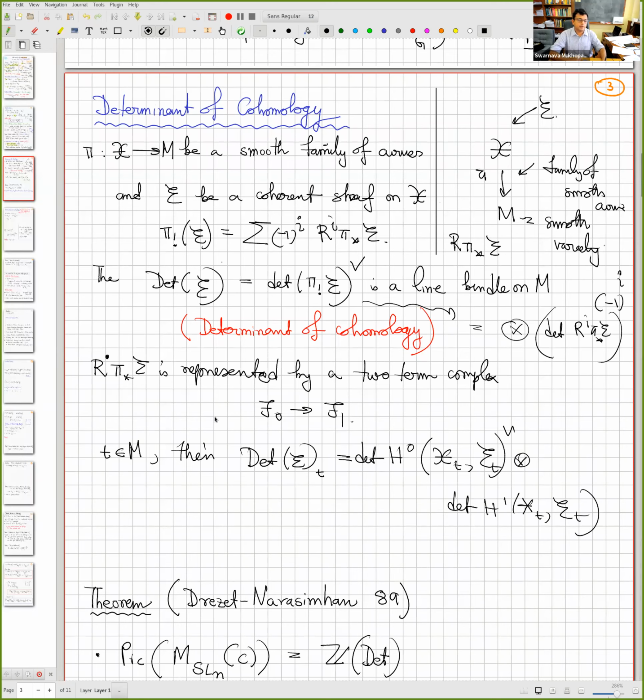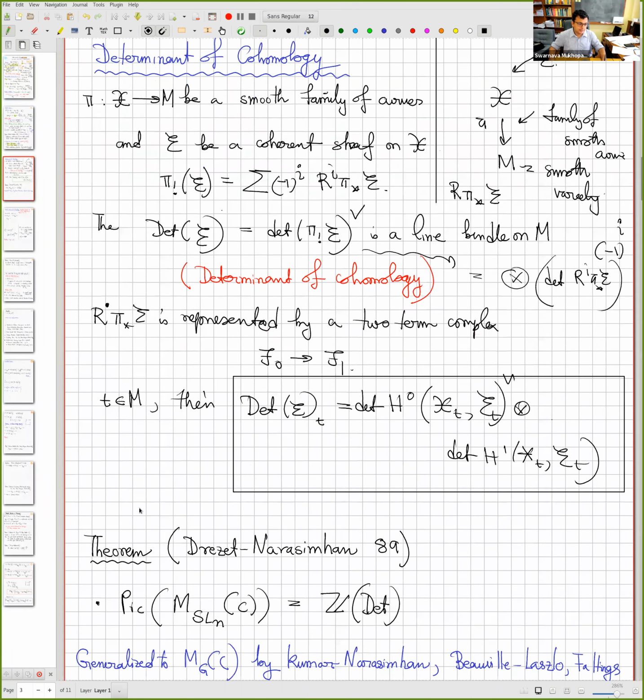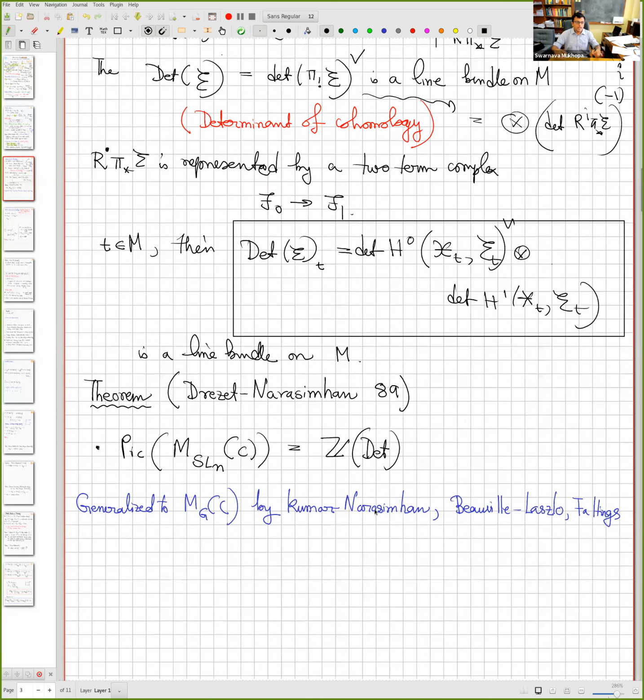Okay, so this is a very concrete description, and this is a very concrete line bundle. The determinant is a line bundle on M, and what Drezet and Narasimhan proved in 1989 was that this determinant bundle is the generator of the Picard group.